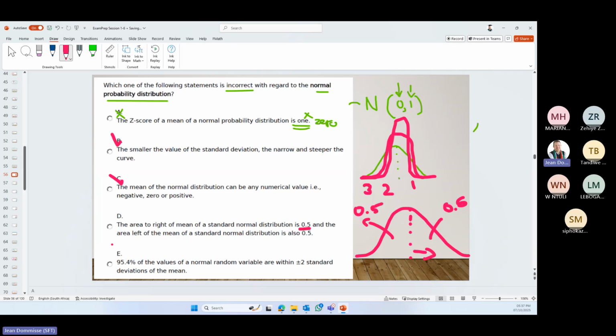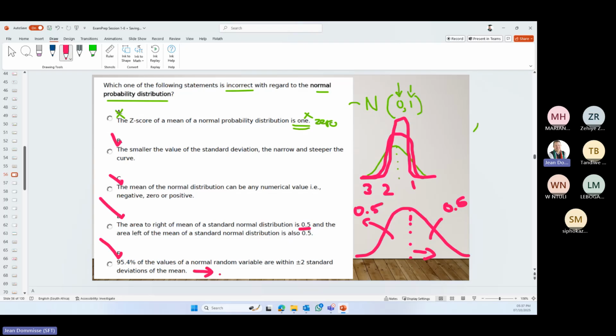That we also know out of the definition is correct. And then the last one, 95.4% of the values of a normal distribution are within plus minus 2 standard deviations. That's also correct. That's in your textbook.